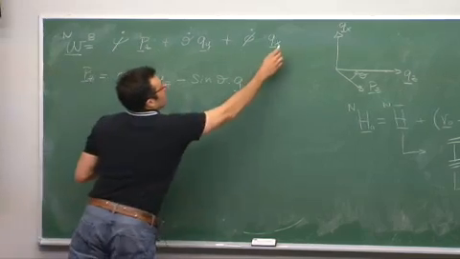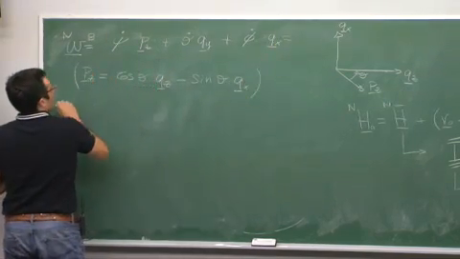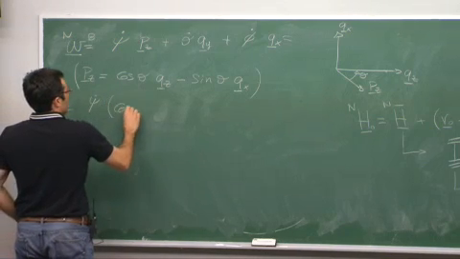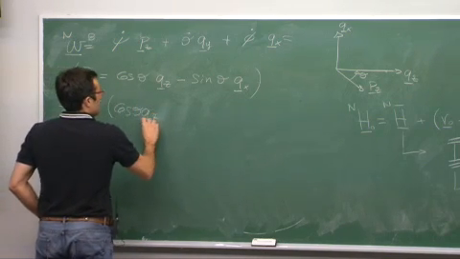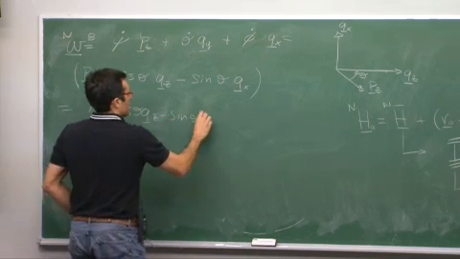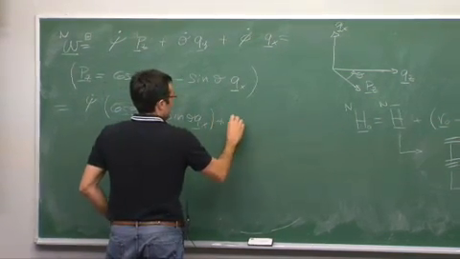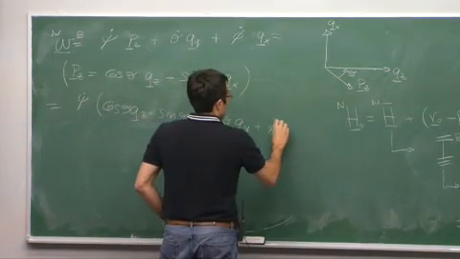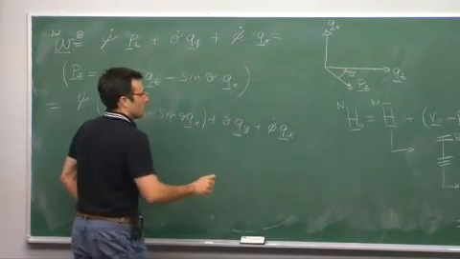Let's rewrite this with this knowledge. This is equal to psi dot cosine of theta QZ minus sine of theta QX plus those that don't really need to change because they are already in the right coordinate system.